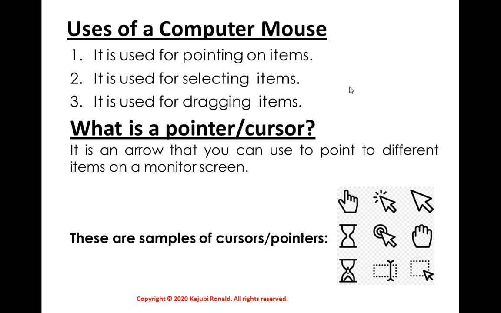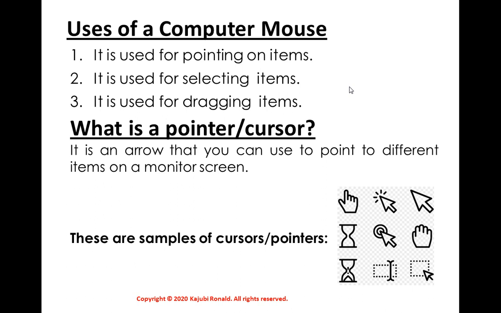Dragging simply means moving. So if you feel like moving an item from one place to another on a computer, you can use a computer mouse. So a computer mouse helps us to point on items, helps us to select items, and helps us to drag or to move items from one place to another.